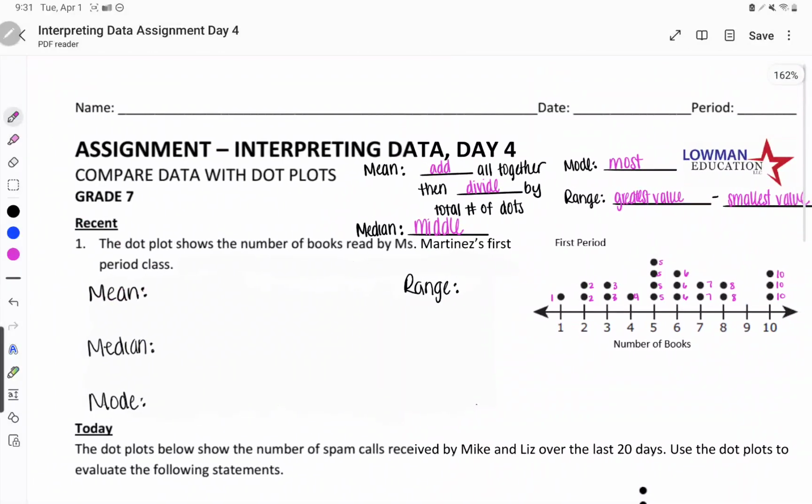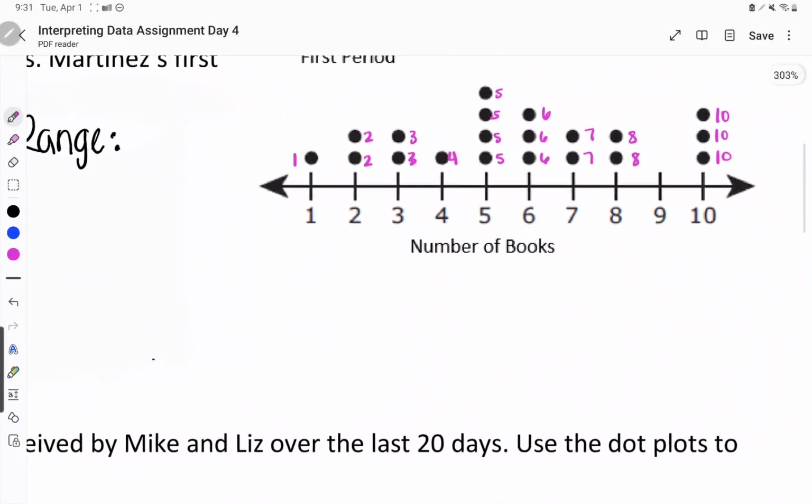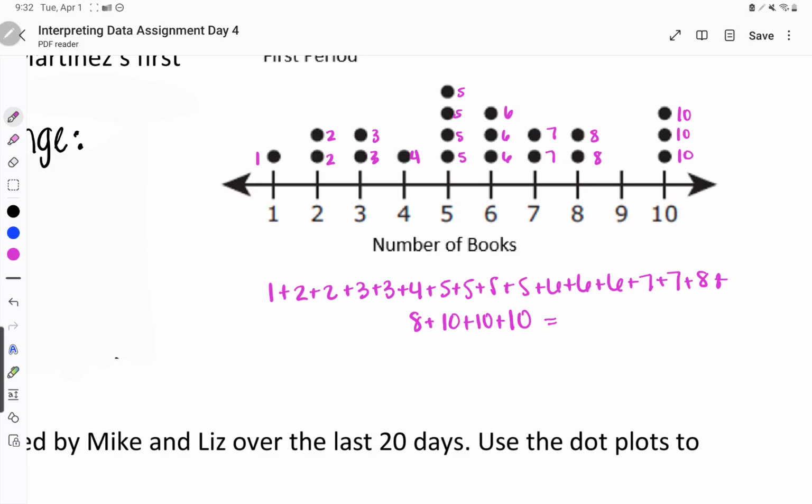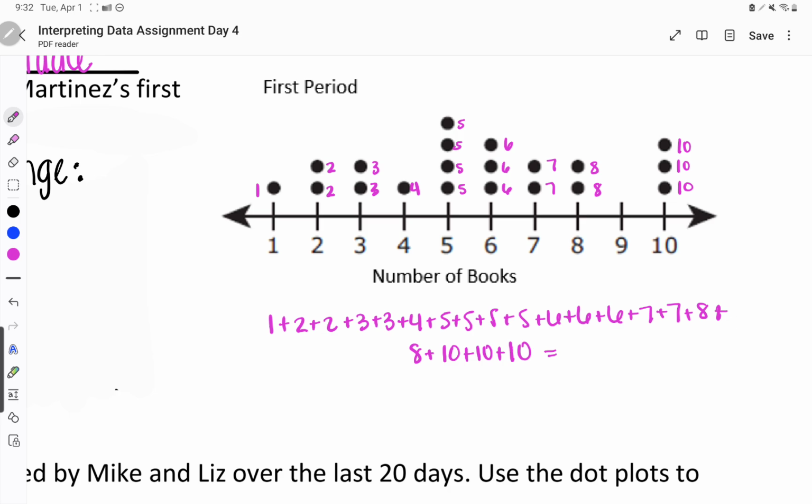Now for the mean, our first step is to go through and add all of those values together. That would look something like this, where we took every single number that we had and added it all up together. Now I want you to add it and see what you get. When you added it all up together, you should have gotten 113. Now what do we do?